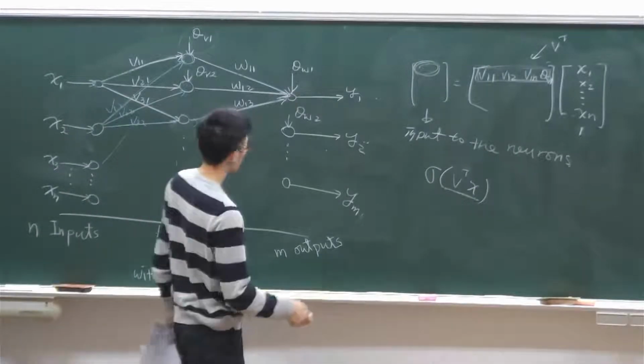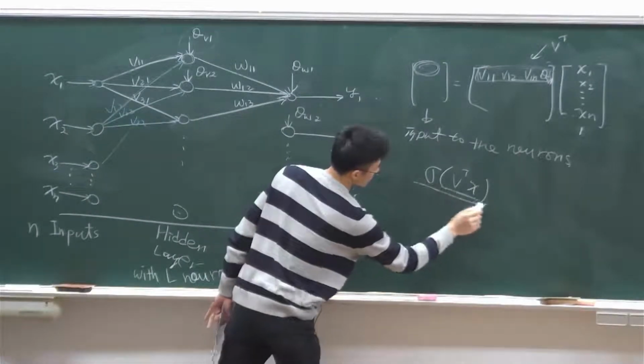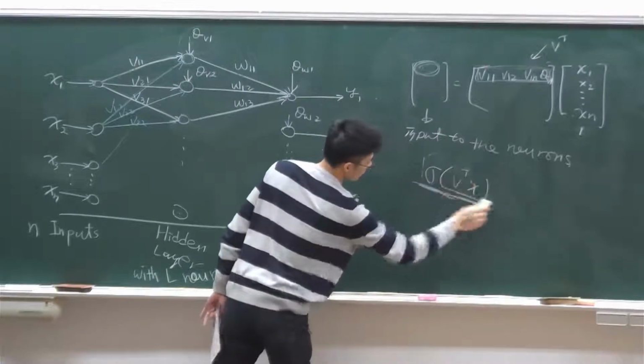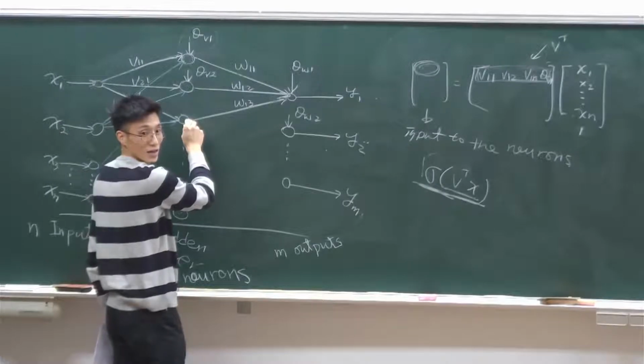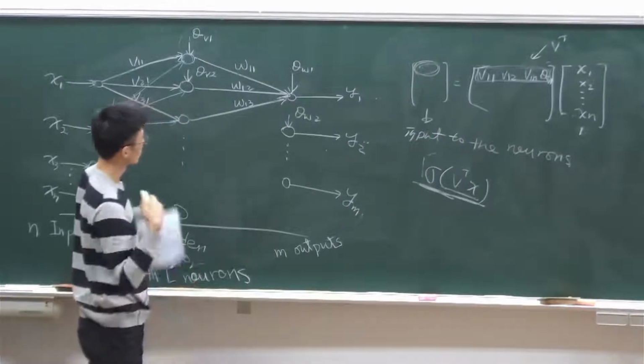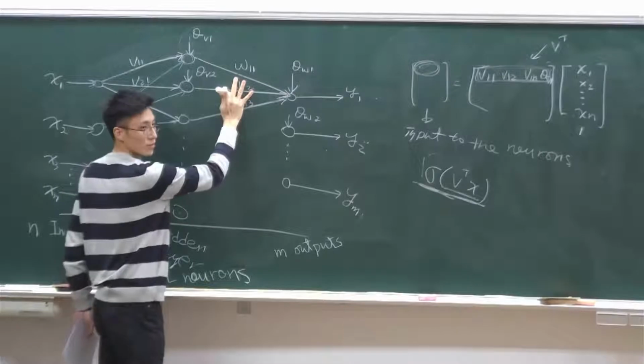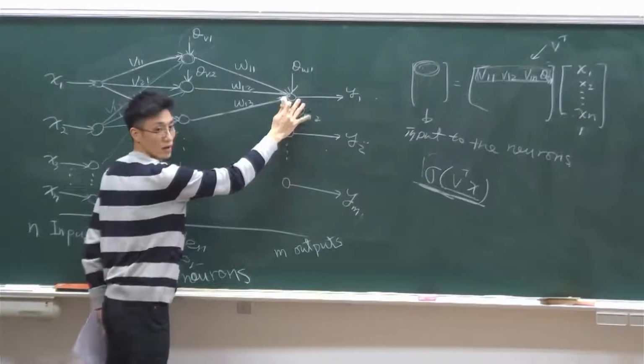After you do the operation, this is the output from the neuron. The output from the neuron will again combine with the weighting matrix W and give the output.